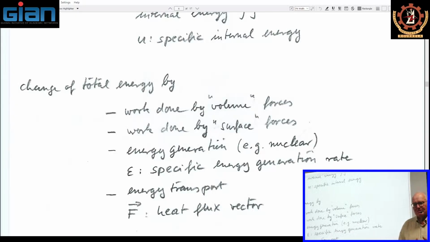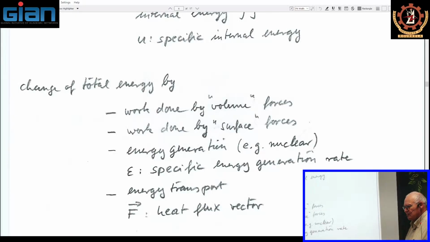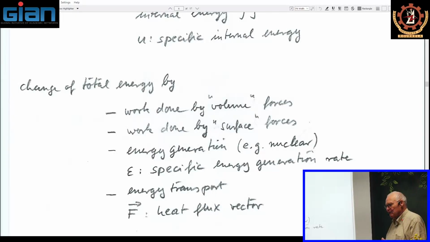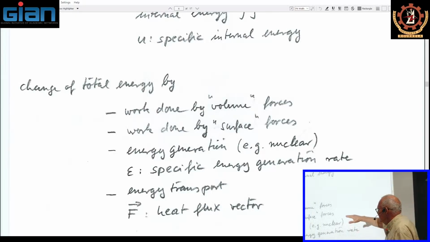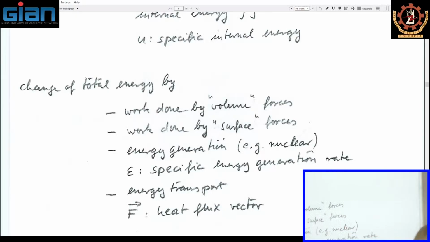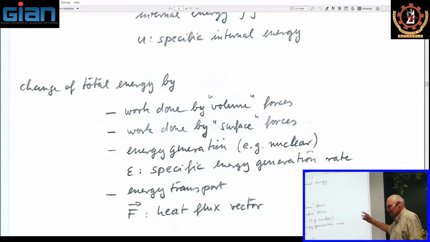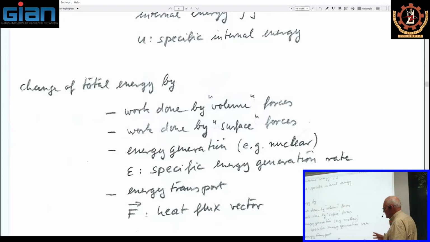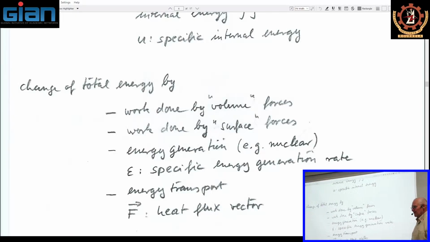These are forces which act on the surface of a mass element. If we consider a mass element, then we can have forces which operate on the surface of this element. So these have to be distinguished from the external or volume forces because they act on surfaces, the other forces act on the volume.